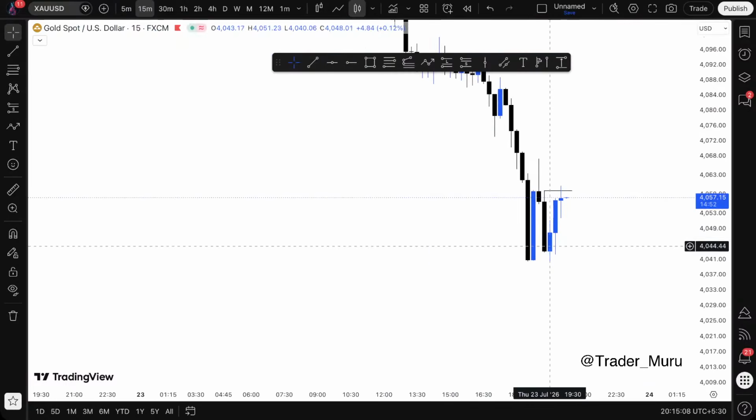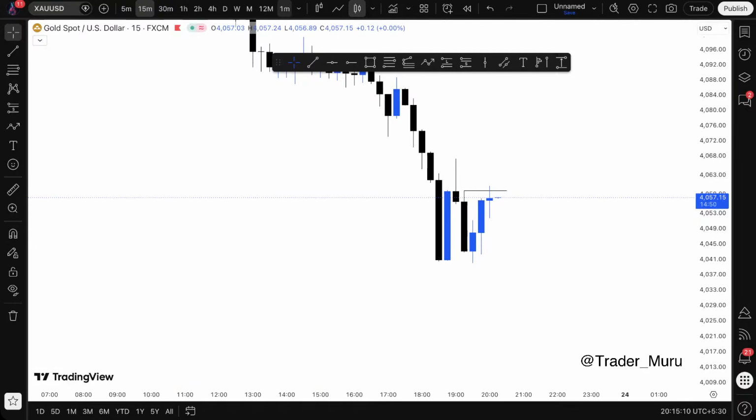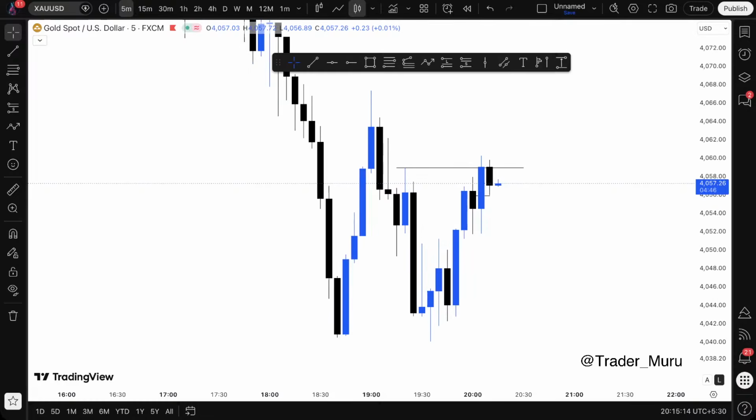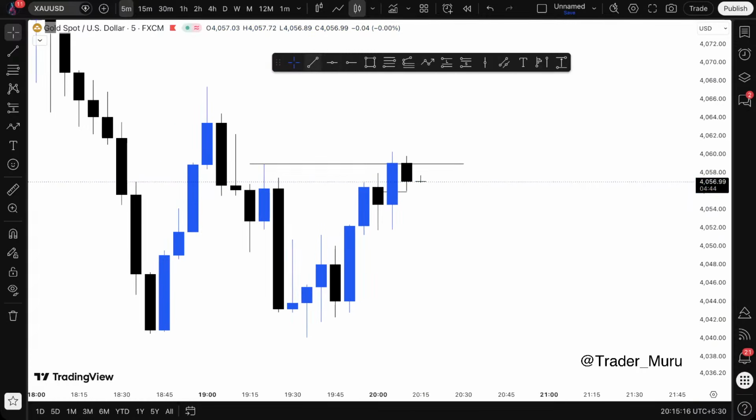Okay, 15-minute close below. Let's see 5-minute. This low break and close below, you can short it.